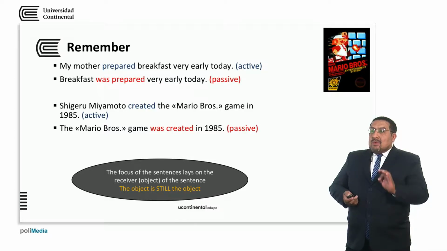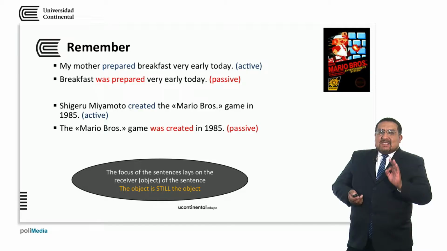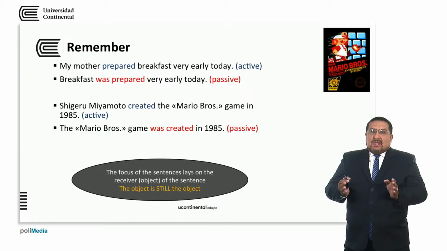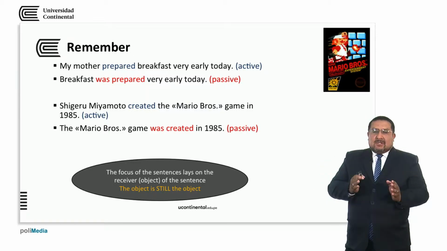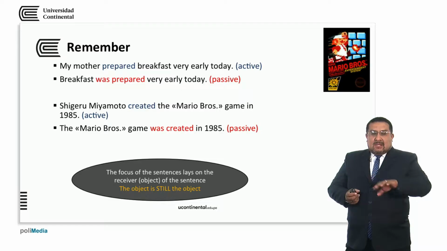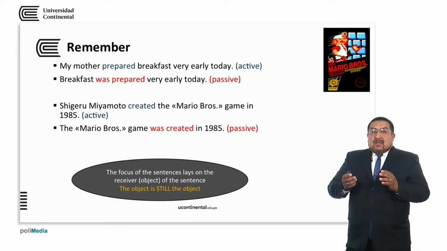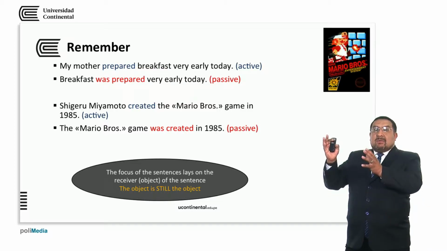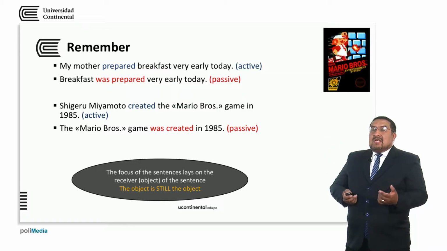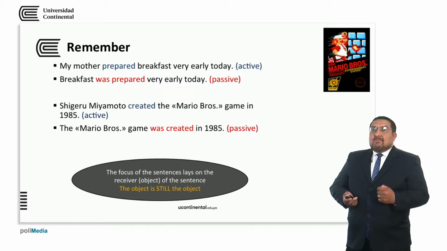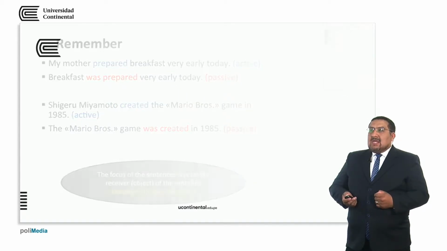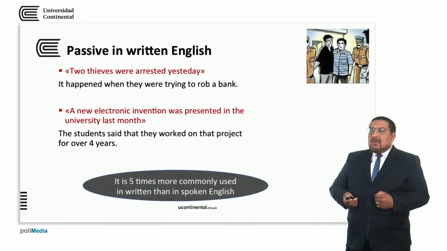So let's remember this. It is not that the subject comes to be the object or the object the subject. Never. The subject is still the subject, but it stops being the principal part of my focus. The object comes to be the principal part of my focus, and for this I am using was or were plus the verb in the past participle form. That's what you have to remember.